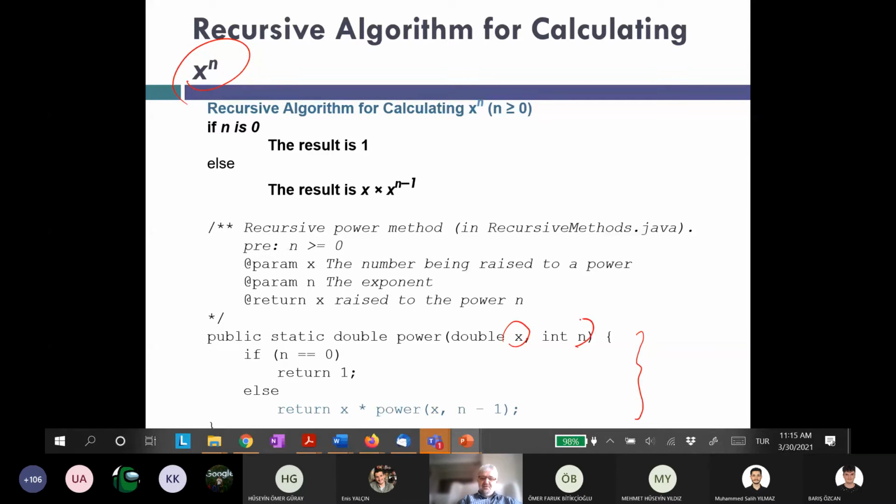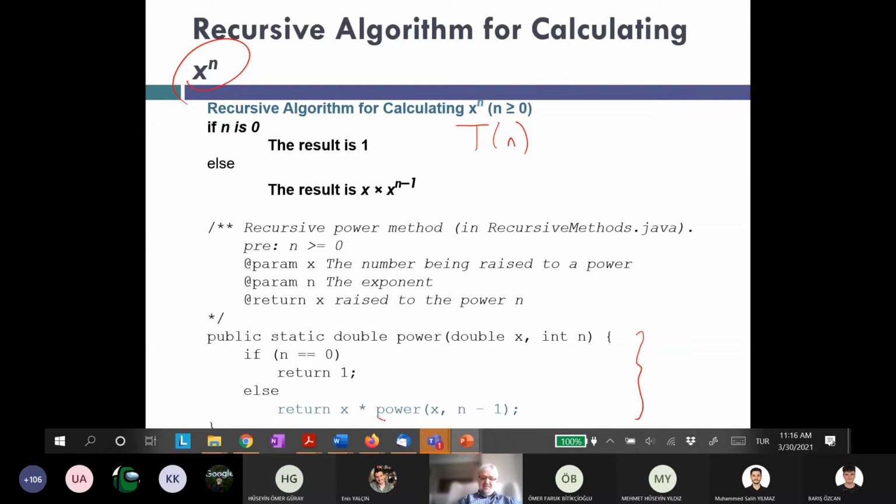Does it depend on the value of n? Or does it depend on anything else? The answer is simple, right? The running time will not depend on x, since we multiply x several times, but the number of times the multiplication will be performed doesn't depend on x. It depends on n. So again, the running time of this algorithm will be expressed in terms of n, not in terms of x.